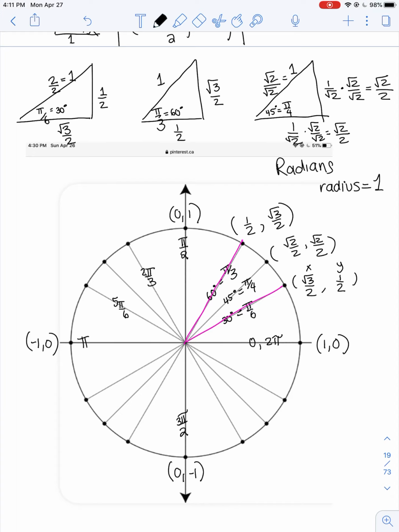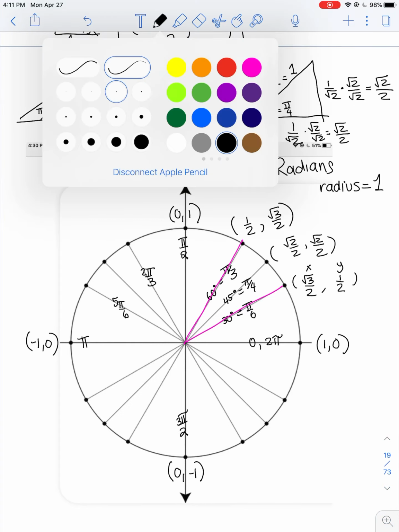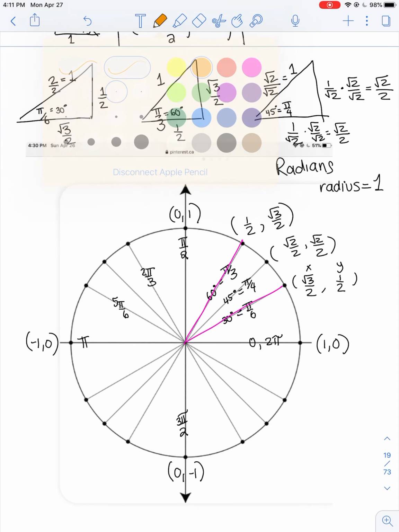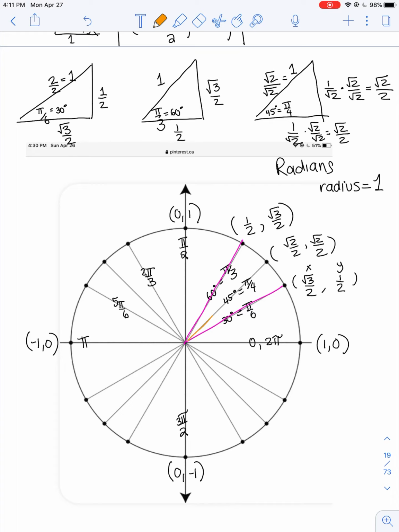The next number we need is, we need those 45-degree angles. So I'm going to erase these. I'm going to use another color here to show you what I'm talking about. I'll use orange. So when we're talking about pi being divided into 4 sections when we have 45 degrees, that's one section. This is pi over 4.